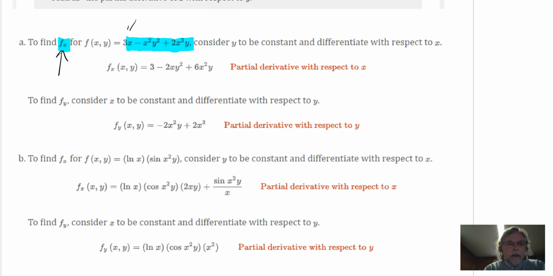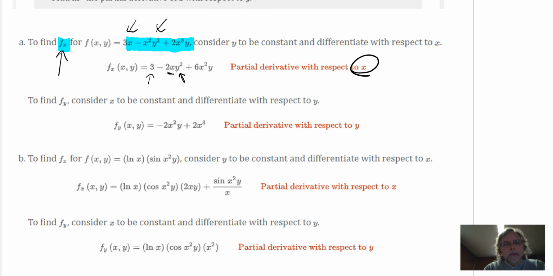We'd come along, the first term's 3x. Derivative of that is 3. The second term is minus x squared y squared. We had that very term actually in our example before. So we want to take the derivative with respect to x here. It means y is a constant, so y squared is a constant. That's why you see y squared coming down. And the derivative of x squared is 2x.